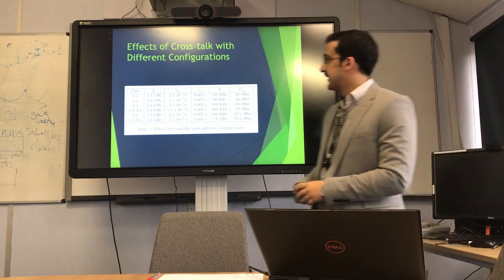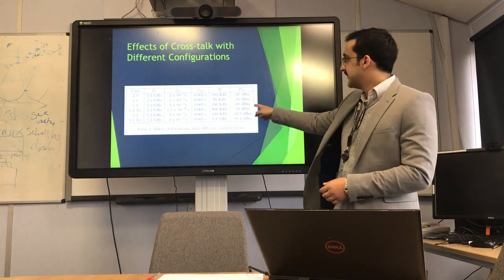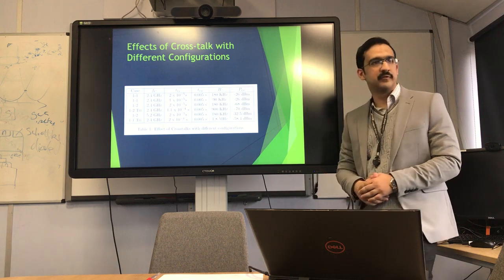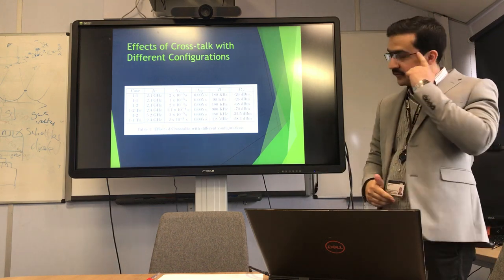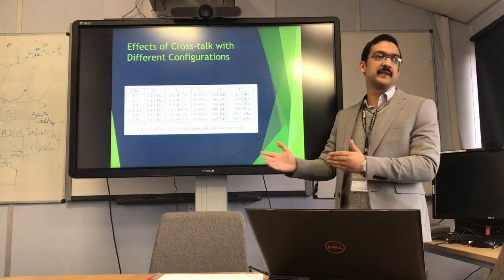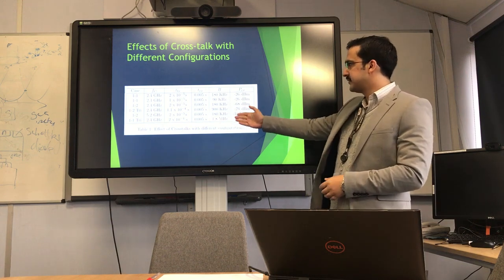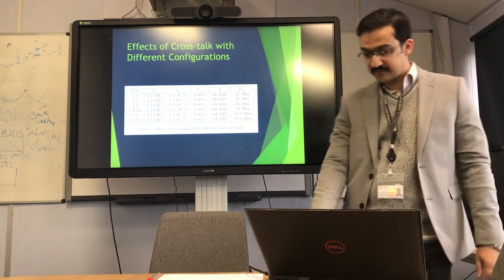Similarly, if I transmit on channel 1 and receive on channel 2, there is a considerable improvement of about 40 dB in the crosstalk. So this is one good thing for those USRPs which have different channels. And similarly, a few simulations for different configurations at triangular and for a different carrier frequency.